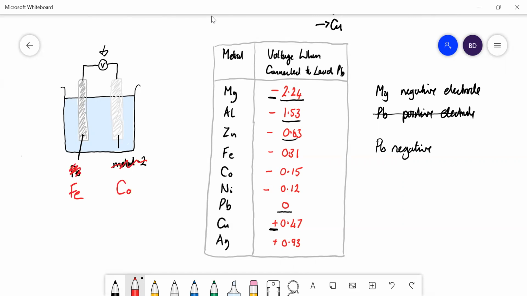Now you'd be able to see the difference you'd get: the voltage would be equal to minus 0.31 minus 0.15.